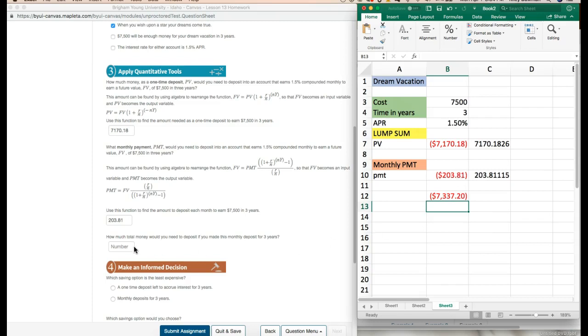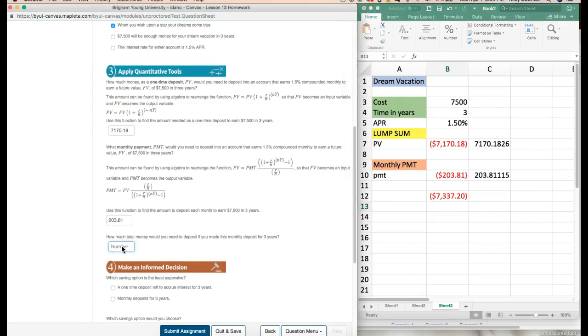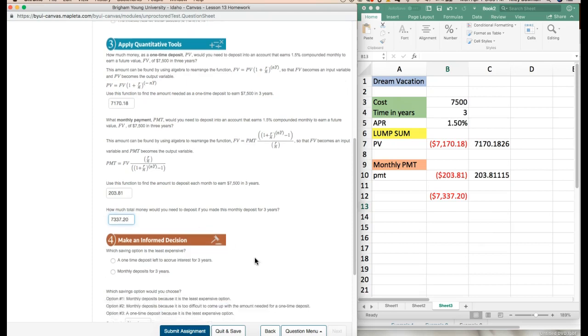So how much total money? And I'm going to just type this in. We could copy and paste from Excel to spare us any, hopefully, typos, but I'm going to double check that, and it looks good. Okay, the next one.